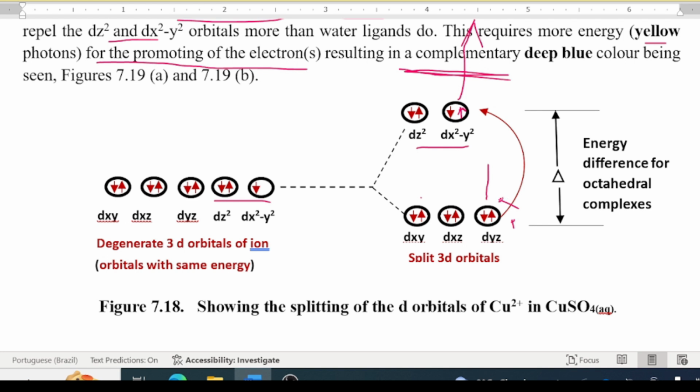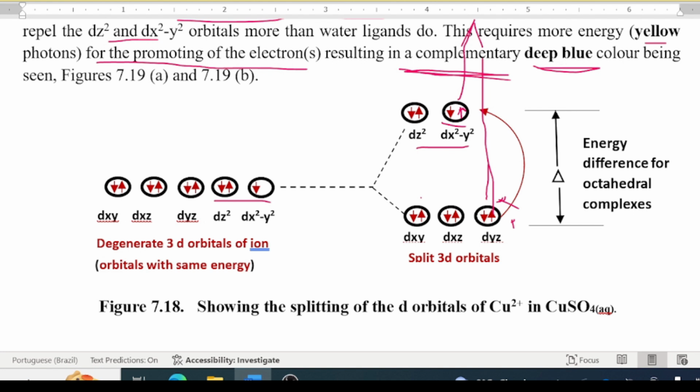And in this case, a yellow photon is used. Remember, yellow is more energetic than red in the visible spectrum. So when yellow photon is used to push that electron up there now, to fill that half, it now releases a blue color, because this now is the complementary color of yellow. And that is why now the color will change from cyan to blue.